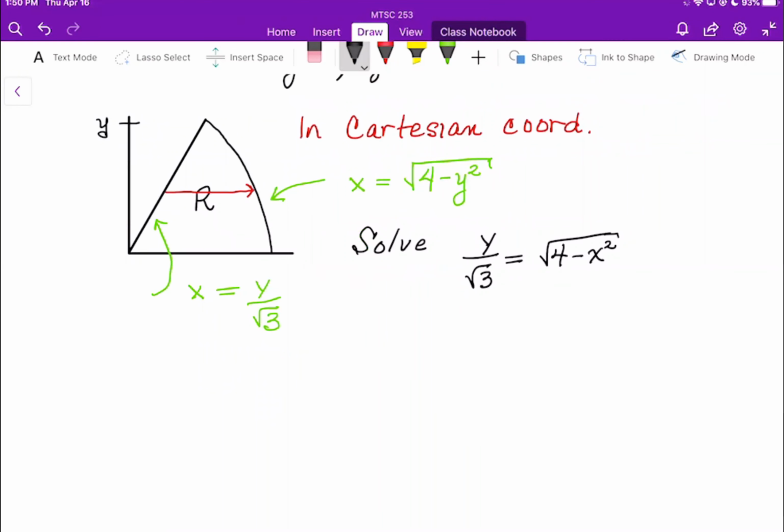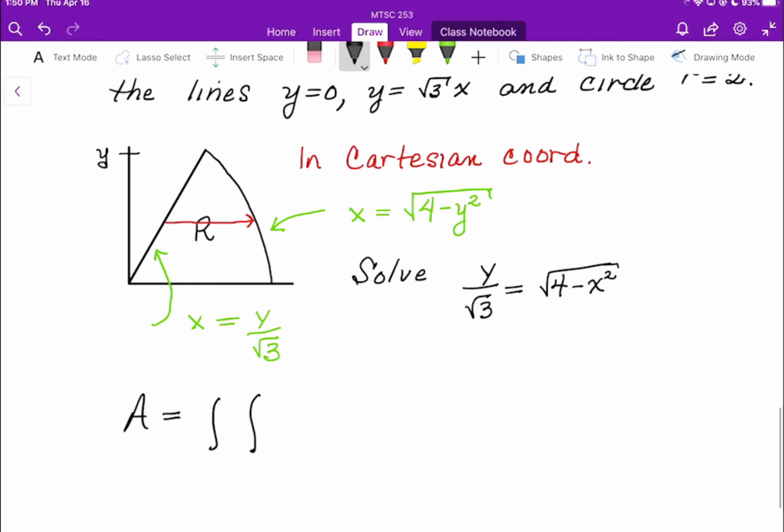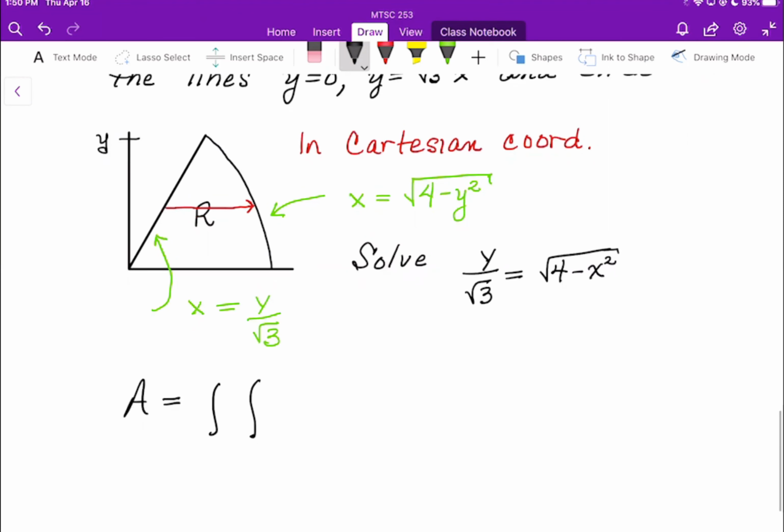And then my area would be the integral where x would go from y divided by the square root of 3 to the square root of 4 minus y squared, and y would go from 0 to whatever that y star is that I find.